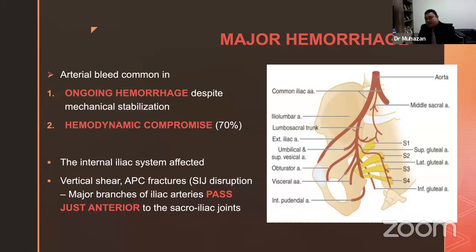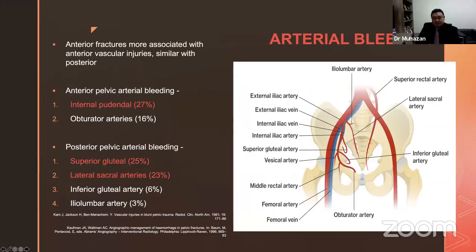So when you have a pelvic fracture that has an SI joint disruption, there is a high possibility that you will injure the major arteries. And this is the thing that we want to elicit. All right, so the arteries involved, mostly anteriorly, is the internal pudendal, whereas posteriorly it is the superior gluteal and the lateral sacral arteries.